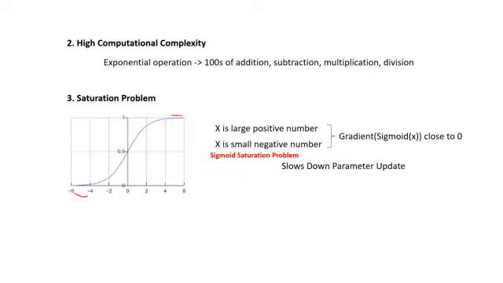Another thing is the derivative of a sigmoid function stays within a range of 0 and 0.25, so 0 in open interval and 0.25 in closed interval.